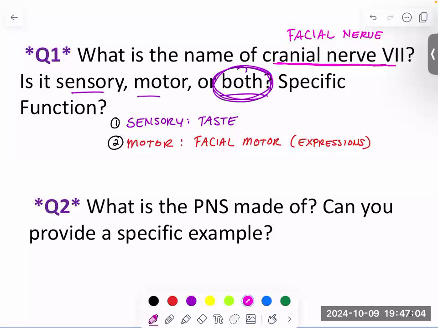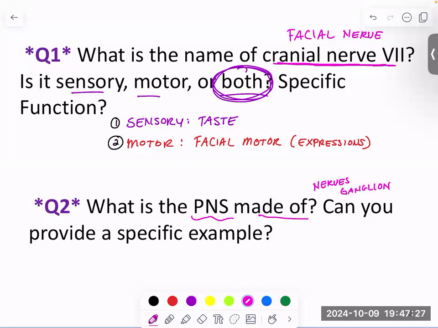What is the peripheral nervous system made of? So it's made of nerves. What else? Ganglia. Those are the two major organs of the peripheral nervous system.